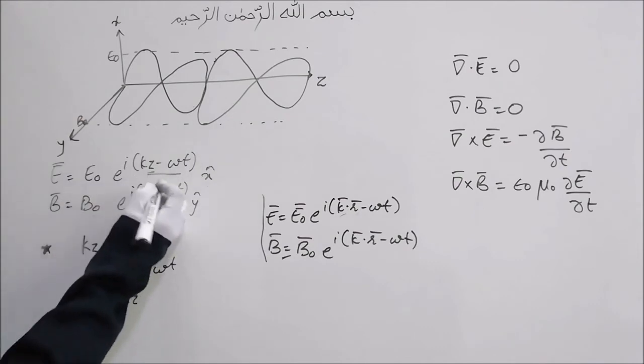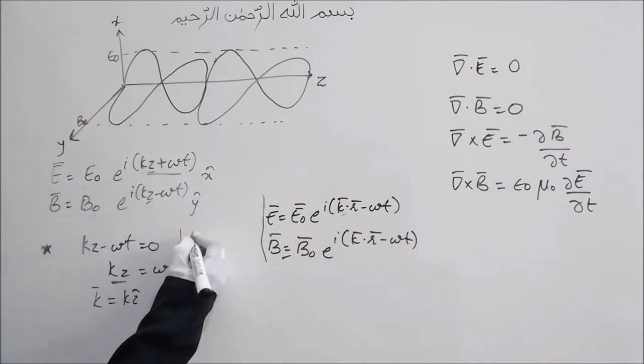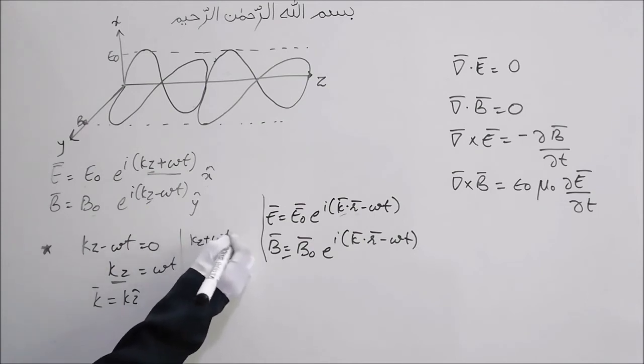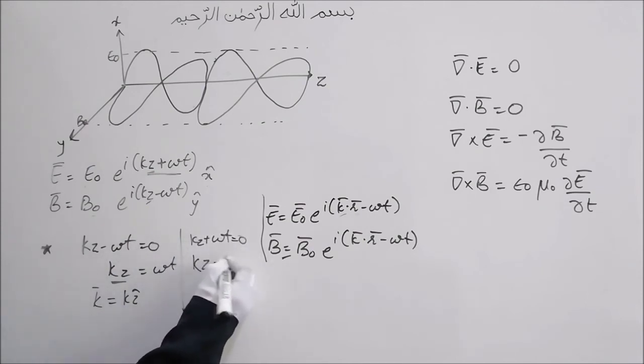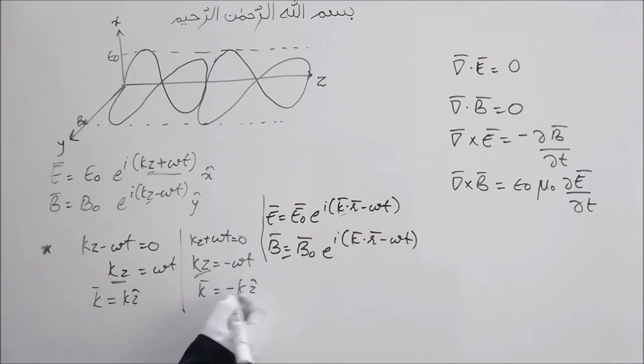Instead, if we had kz plus omega t, then kz plus omega t equals 0, and we'll have kz equal to minus omega t. This kz is some negative value, so our wave vector is along the minus z hat direction.